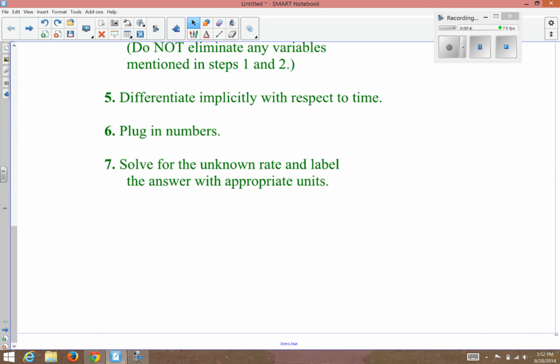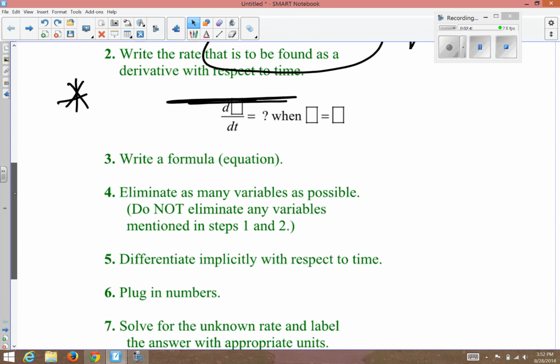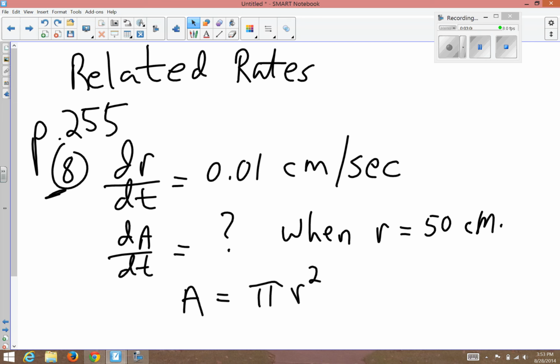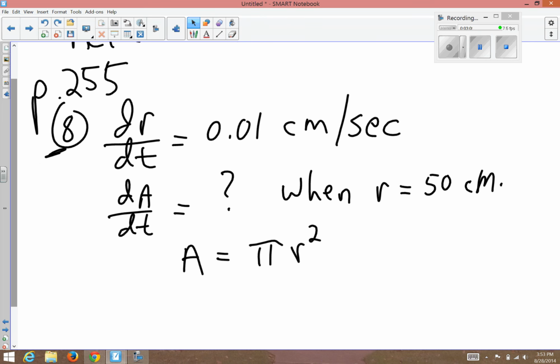All right, then this next step is eliminate as many variables as possible. Do not eliminate any variables mentioned in steps 1 and 2. So this step is irrelevant in this problem we're doing. But now we're going to do step 5, differentiate implicitly with respect to time. Differentiate, that means take the derivative of both sides.